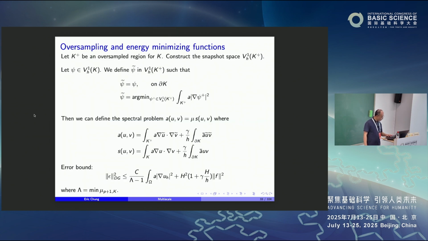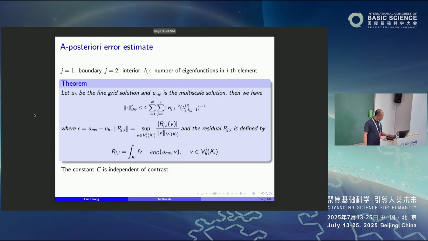This one is a bit more technical. That was one of the error bounds. Another error bound that we consider is this a posteriori error bound. Again, we have the same error in terms of this discrete energy norm. What we show is that it can be bounded above by the local residuals. For the bound that we showed in the earlier slide, we cannot compute some of the terms.